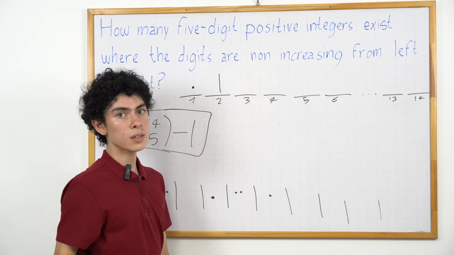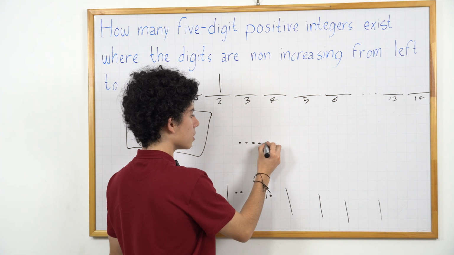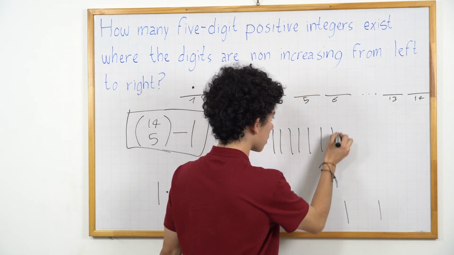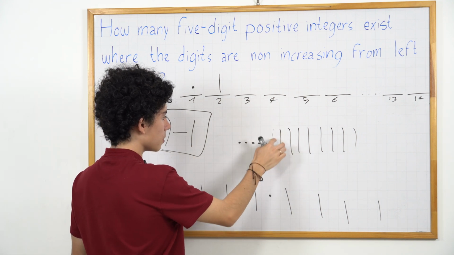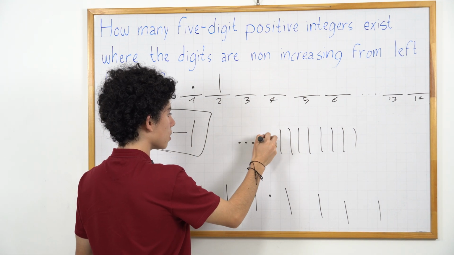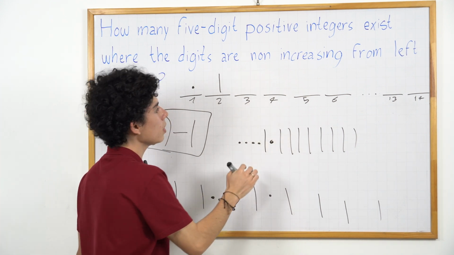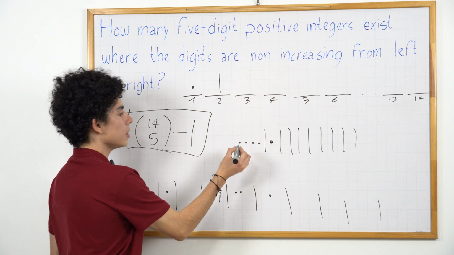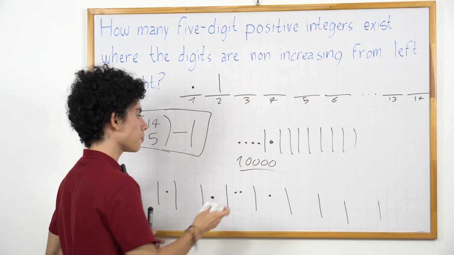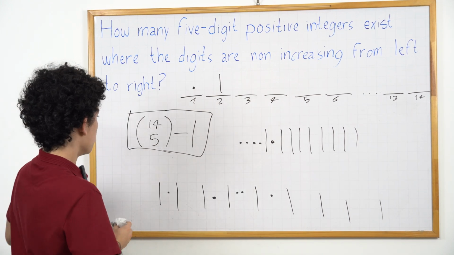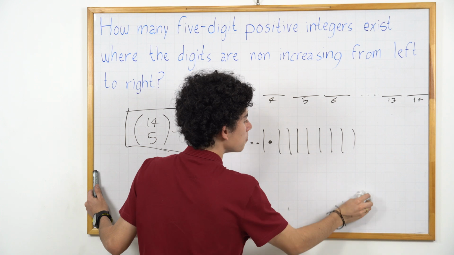There is no other such representation, because if the divider was in another place, for example if the divider was here, this would already be 1, 0, 0, 0, 0, and this works. So the result would be 14 choose 5, minus 1.